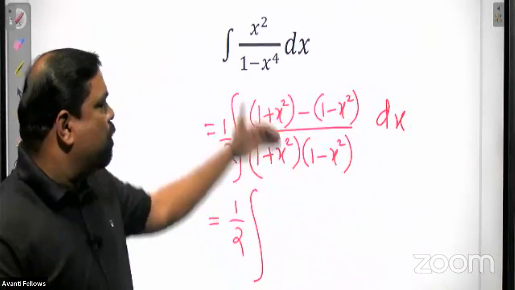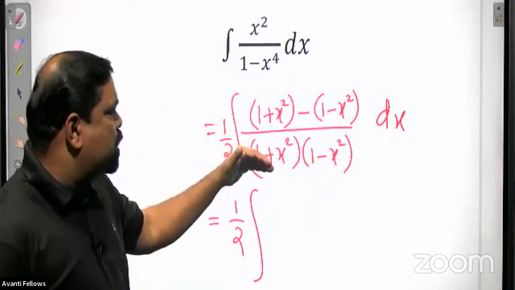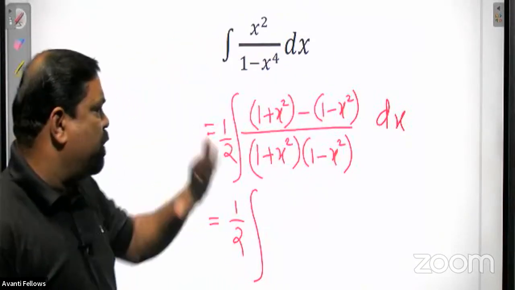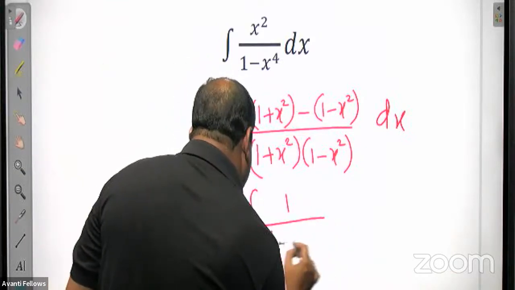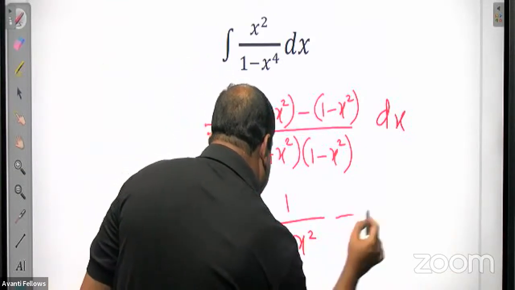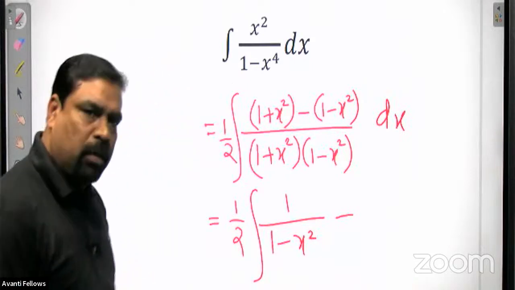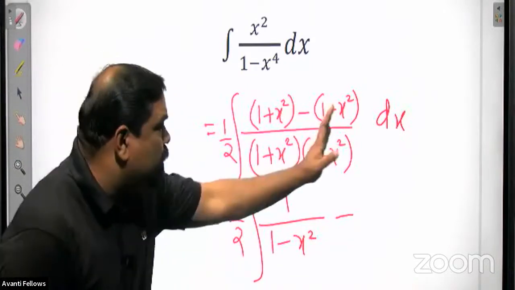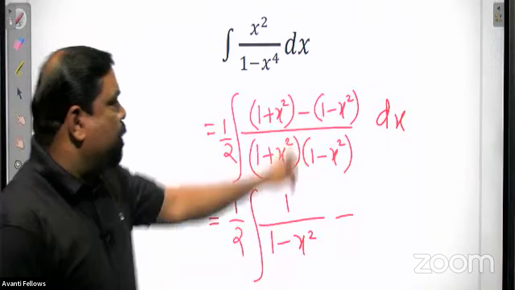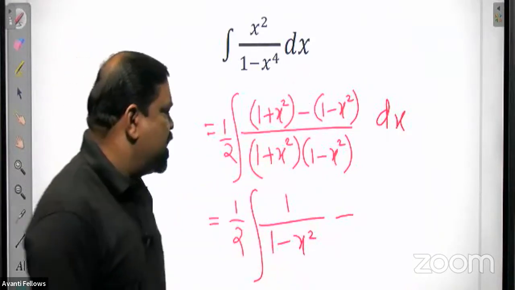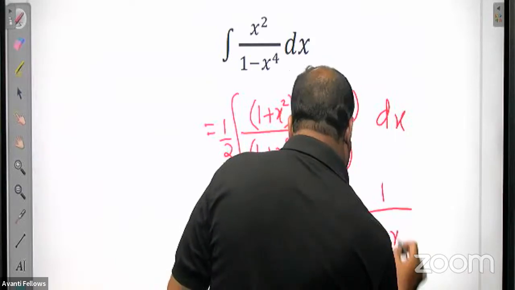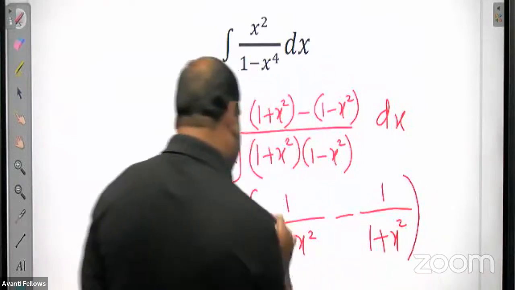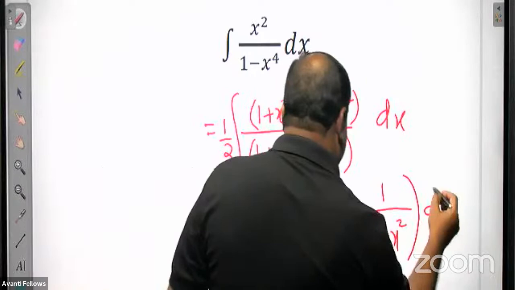The first term, (1 plus x square) by (1 plus x square) into (1 minus x square): the 1 plus x square cancels, so only the remaining is 1 by 1 minus x square. Similarly, in the second term, 1 minus x square will cancel, and the remaining is 1 by 1 plus x square, dx.